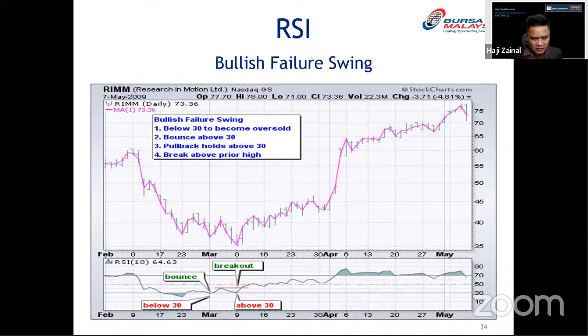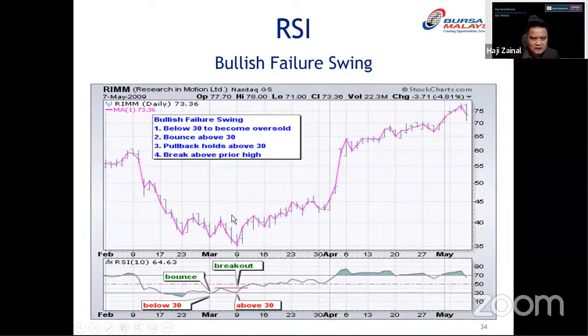Okay, so bullish failure swing. One is when it goes below 30 and becomes oversold, and bounces back above 30, then pulls back and holds above 30, and breaks out above the prior high.